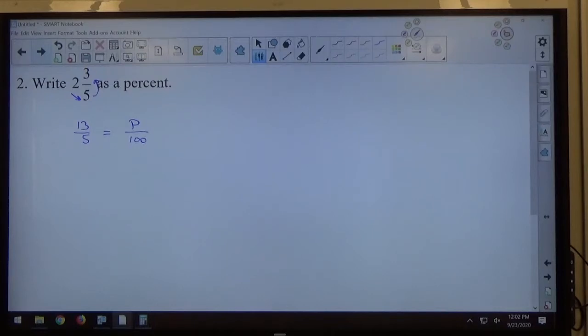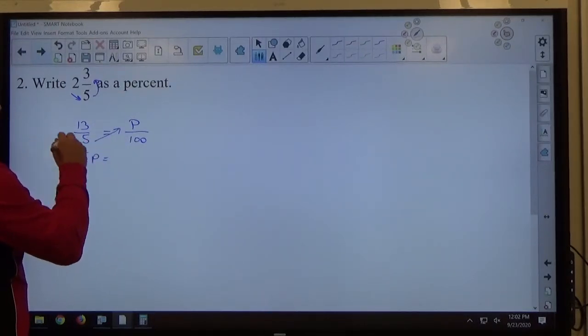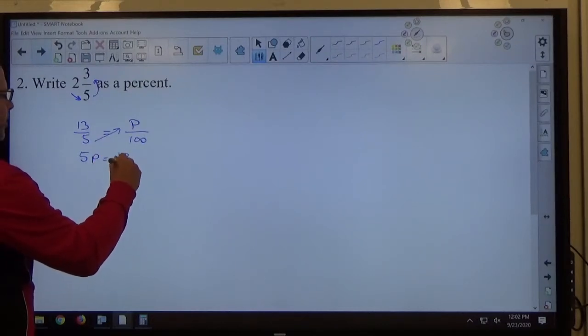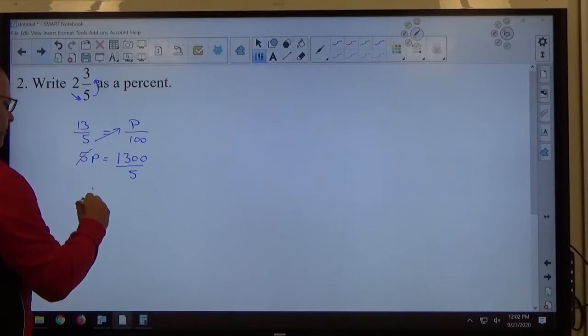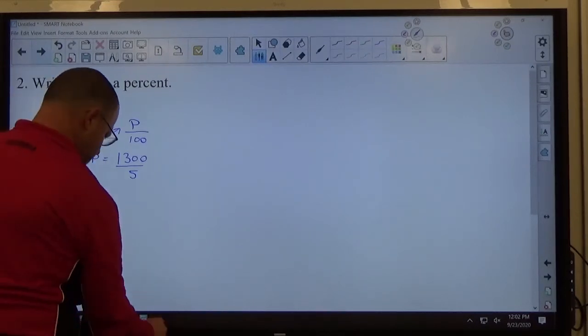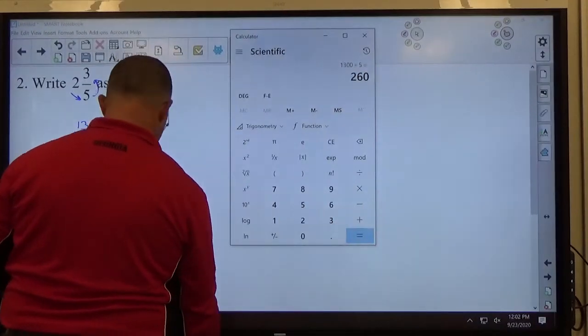So the fraction equals percent over 100. And we just have to cross multiply. So 5 times P is equal to 1,300. We divide both sides by 5. 1,300 divided by 5 is 260.